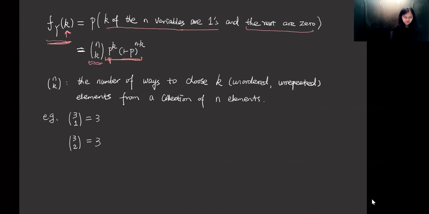So the product of k p's and n minus k (1 minus p)'s should be the probability of each outcome consistent with having k successes.